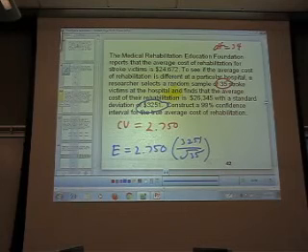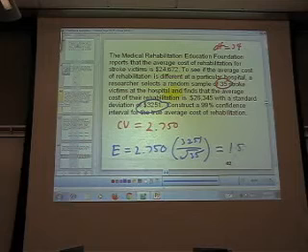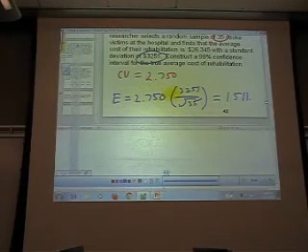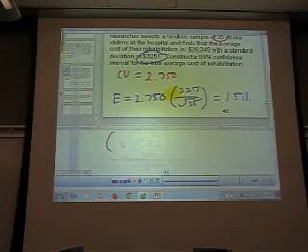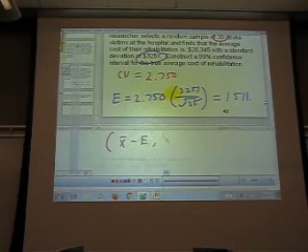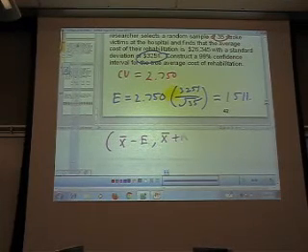Everybody on board with that part? What'd you get for that? 1511.178. I think I'm okay with just leaving it like that. So then our last part is going to be our x bar minus our error, comma, our x bar plus our error.